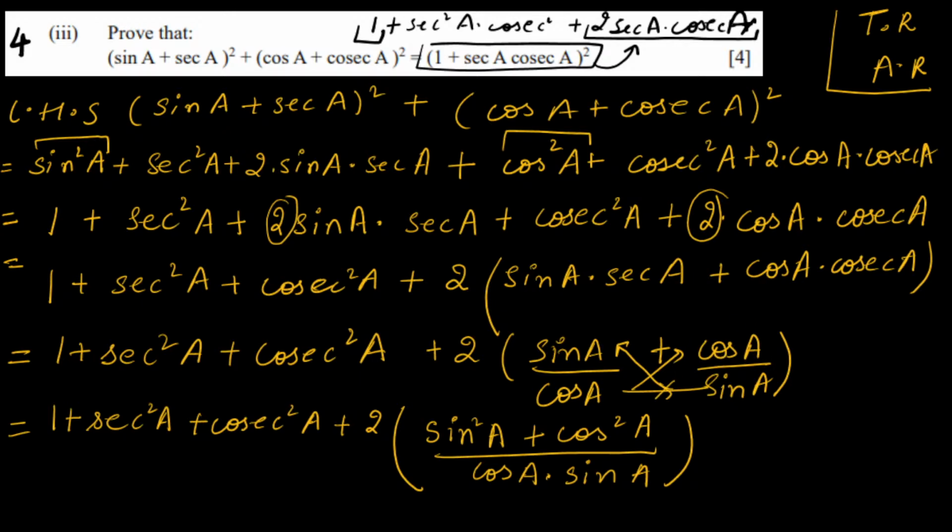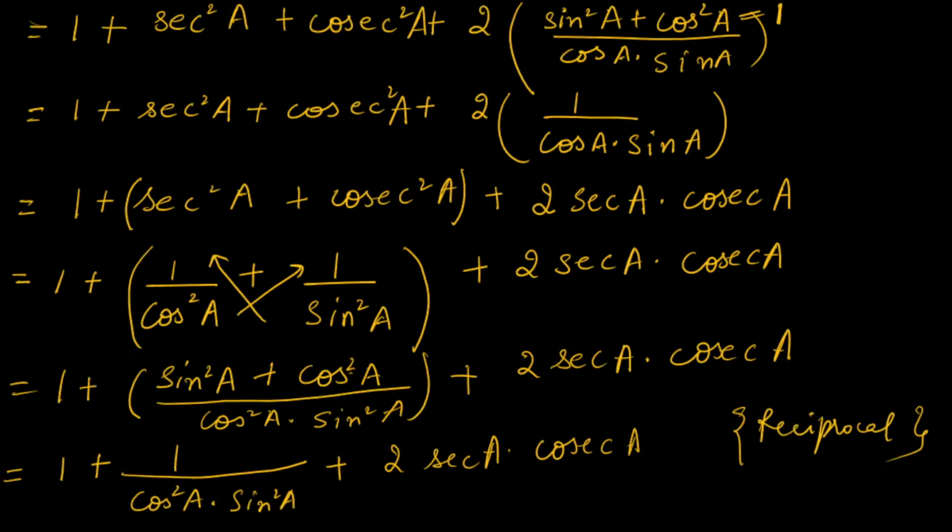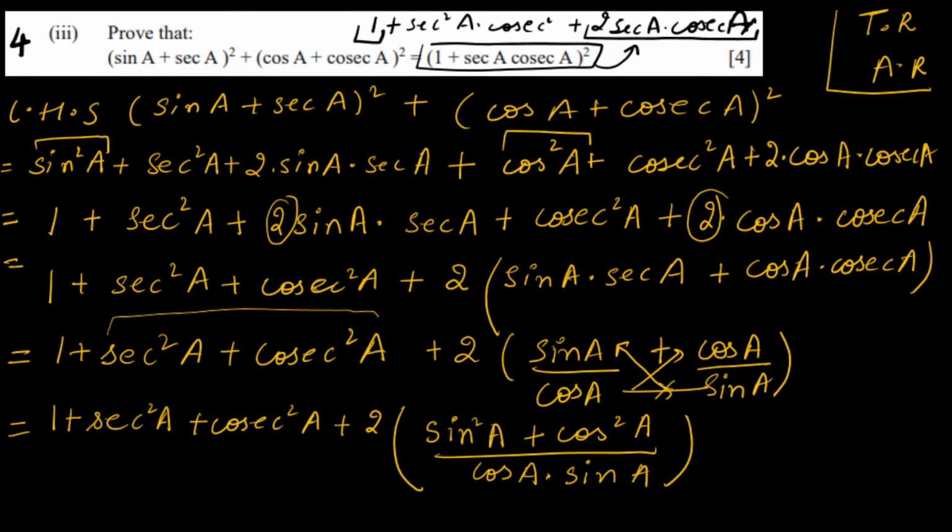Then we took LCM. Then here again we changed everything to sine and cos. So individually we solved a few parts in this question. The basic things which we use are algebraic identities, reciprocal relations, square relations, and taking out common factors. And this question is completed.